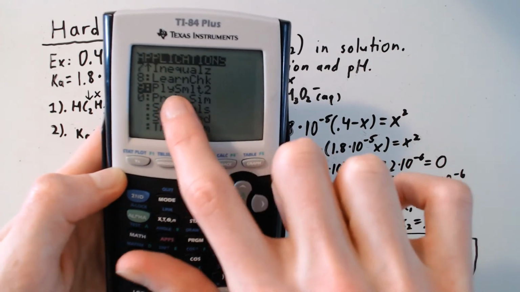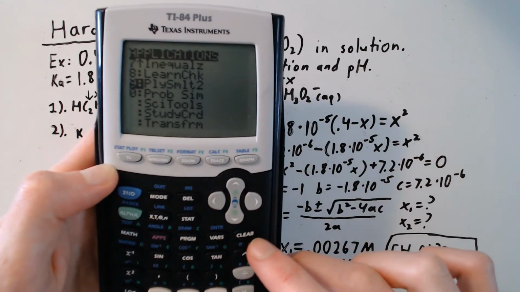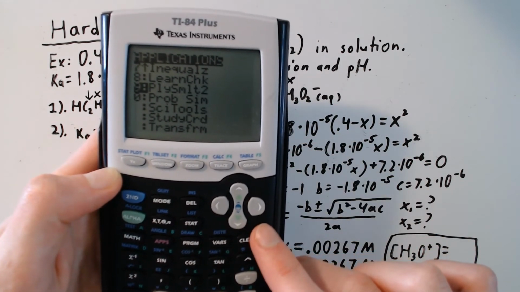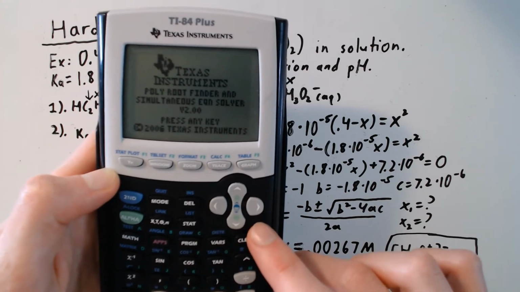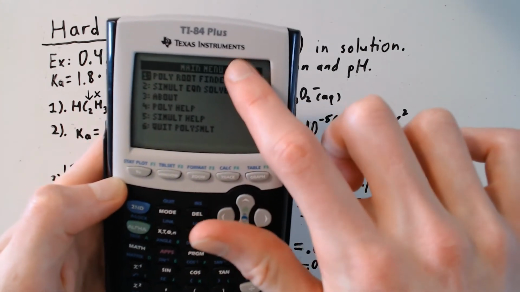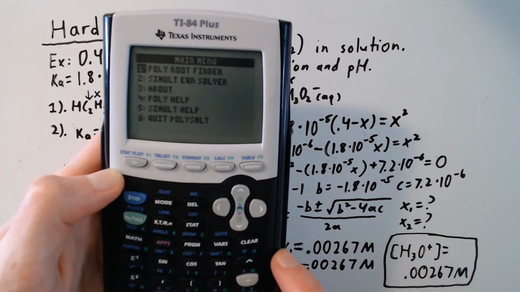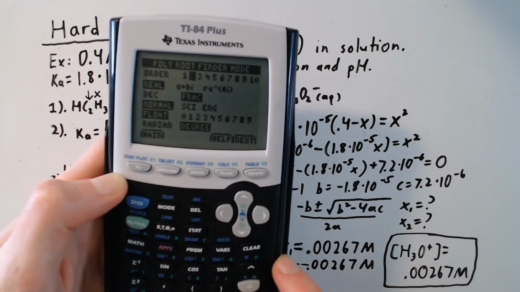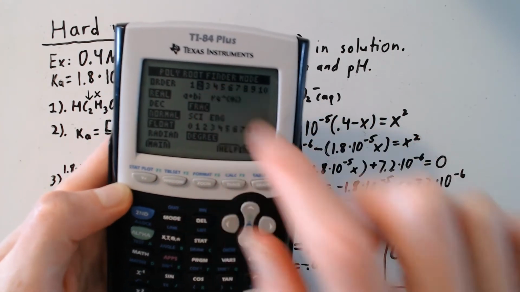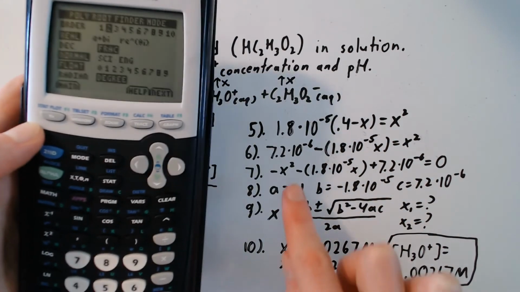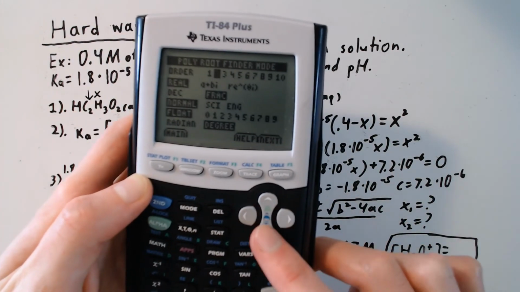It says polysimult, polynomial simulation 2. You click it, and then you click it again. Then you go to the first option right here, poly root finder, and you go to the second order. All of these problems are going to be second order because it's x squared. So you go second order.